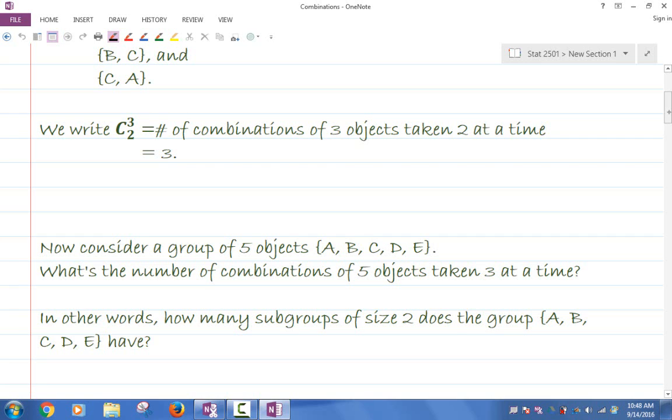So when I ask for the number of combinations of n objects taken k at a time, all I mean is the number of subgroups of size k taken from a group of n elements. Is everybody clear? That's what we're going to look at next time.